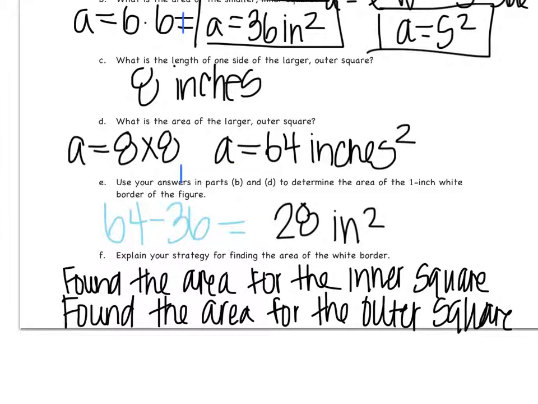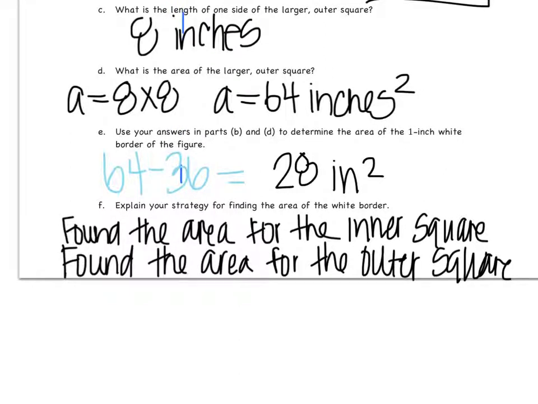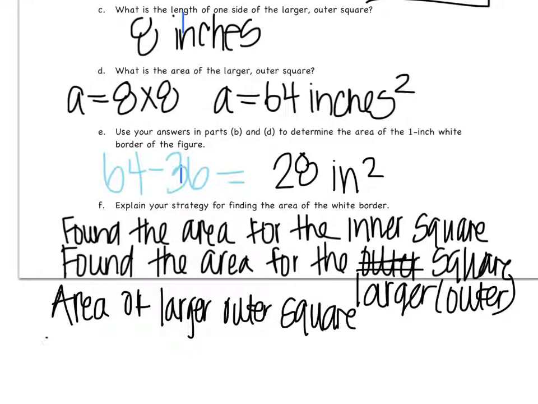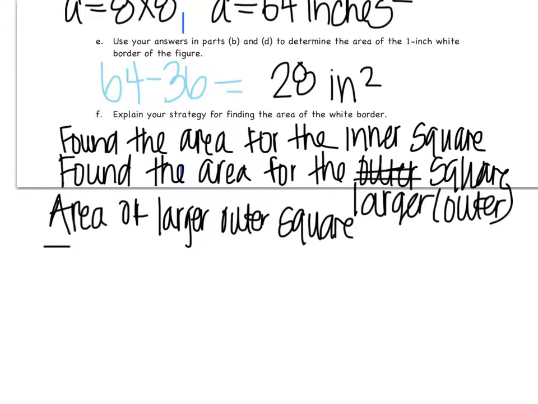And how I found my answers, I did area of outer square, area of, instead of outer square, I'm going to say larger outer, because that's what they referred to in the problem. So I did area of my larger outer square minus the area of my smaller inner square.